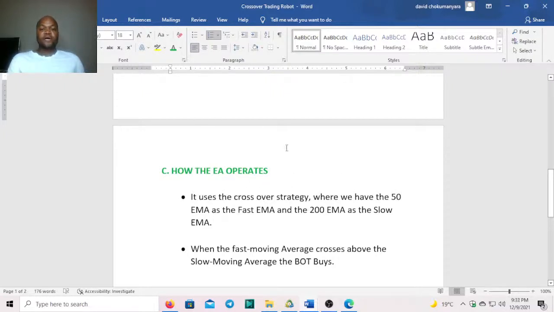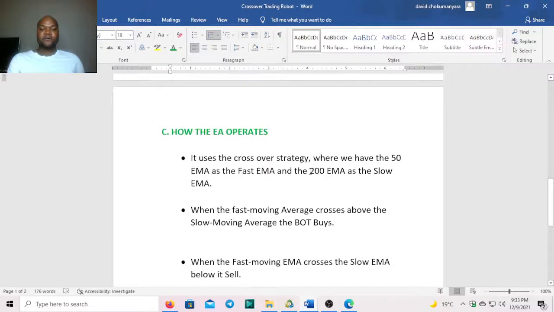There will be two exponential moving averages: a fast moving exponential moving average and a slow exponential moving average. The 50 exponential moving average is going to be our fast moving average, and the 200 exponential moving average is going to be our slow moving average.